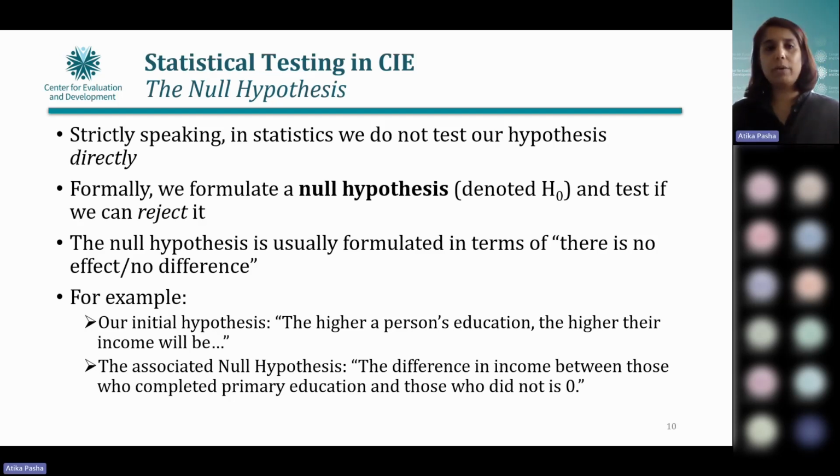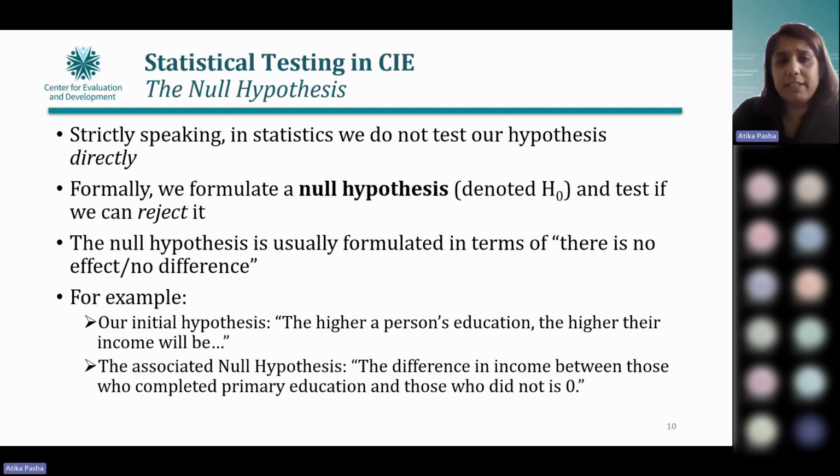So just to go back to our example, we were looking at higher incomes. Our initial hypothesis can be, if you have higher education, then the higher is your income. Right? So we were starting with the assumption that more education will lead to more income. However, the associated null hypothesis to this would be that the difference in income between those who completed primary education and those who did not is zero.